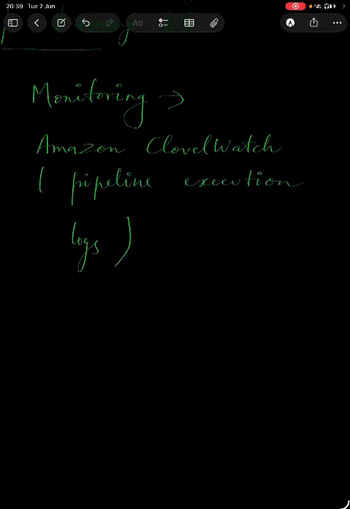Okay, that is for monitoring, and this is emitted from where? It emits from step 3, like from evaluation, and it also emits from training job. From evaluation and training, the logs are getting emitted and they are stored in the Amazon CloudWatch.